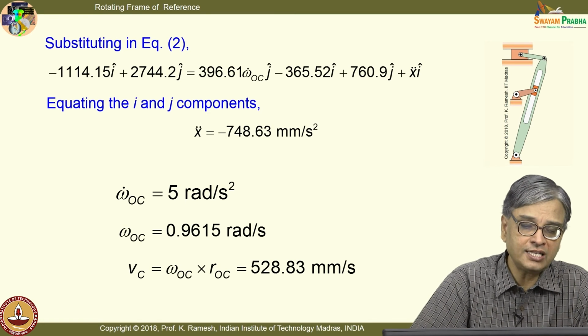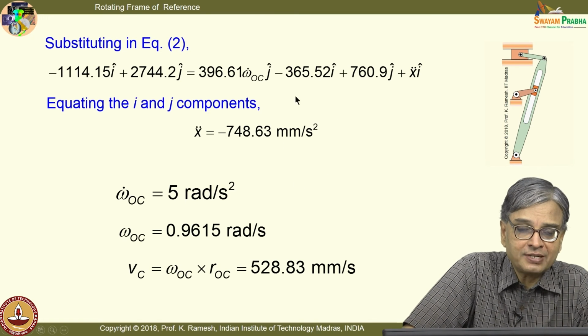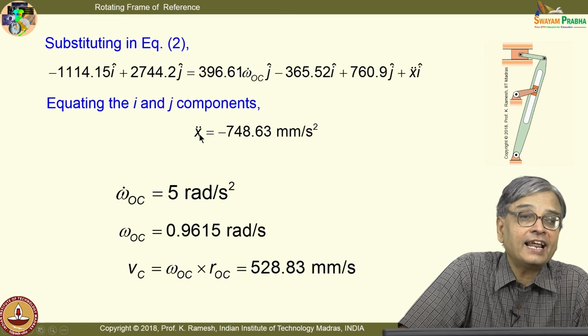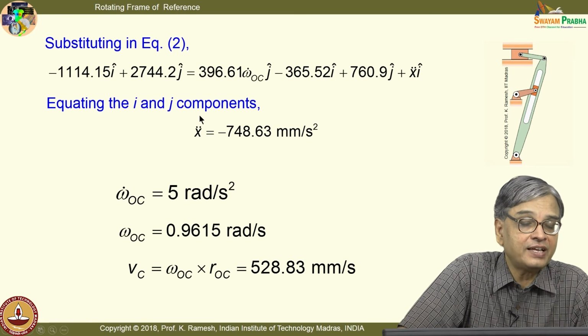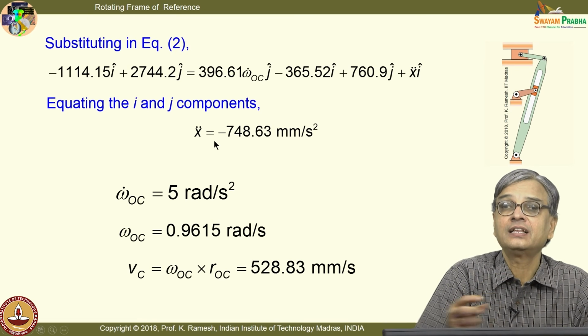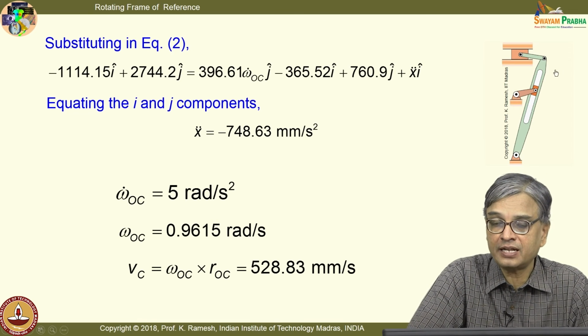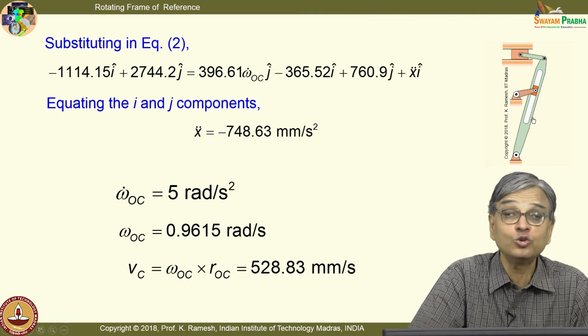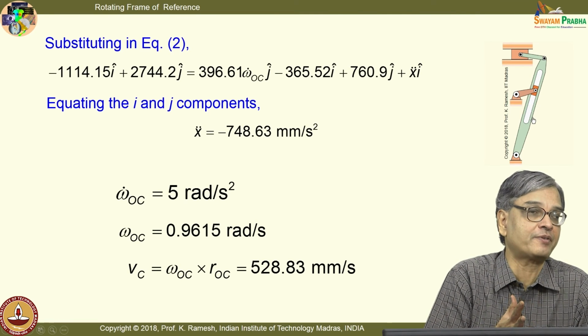And in all these problems, what you find, this problem is slightly different. I do not know the ARL and VREL. I determine ARL and VREL by solving the problem, but I know very well that a slotted member can have only a linear motion like this. I use that as a basis to select the rotating frame of reference.